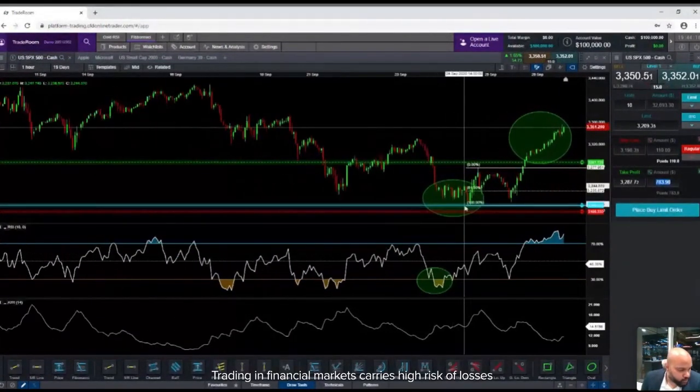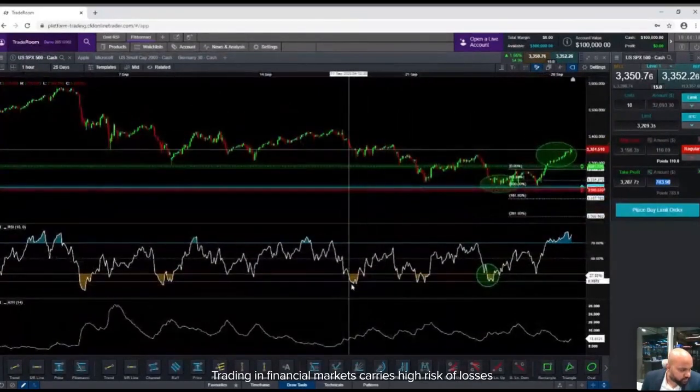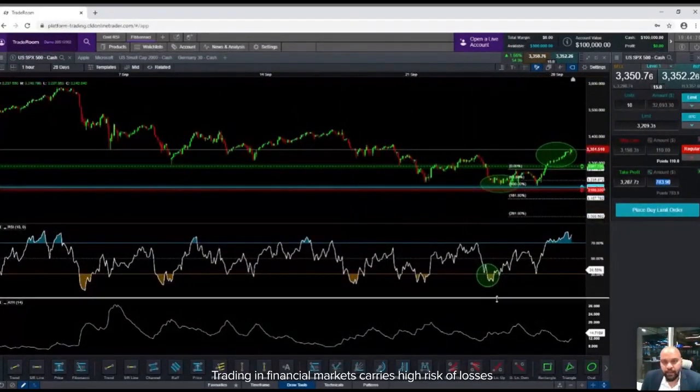So RSI on this basis gives you a good indication. One thing to keep in mind is, even if you take trades based on technical analysis, always make sure you read the news and stay updated about the current fundamentals in the market, because anything could always change direction.